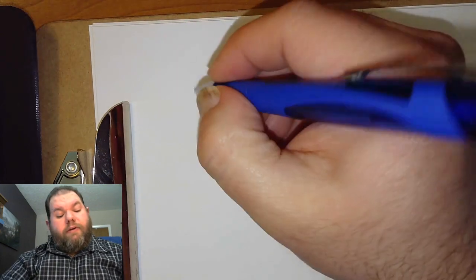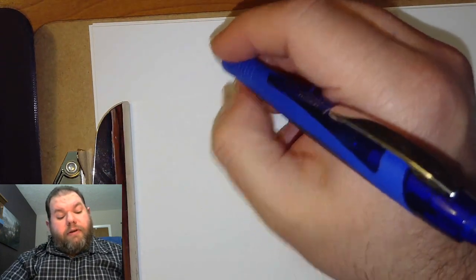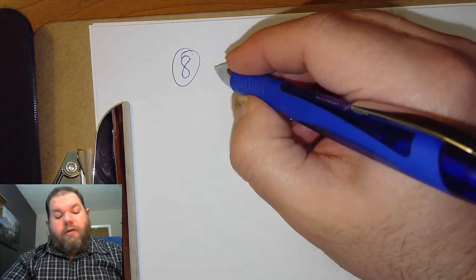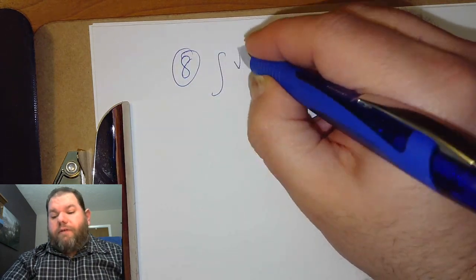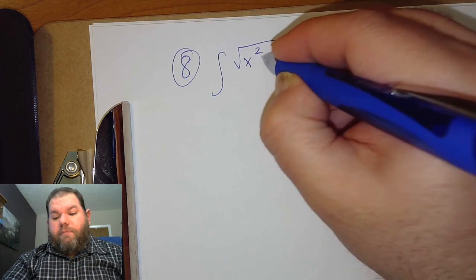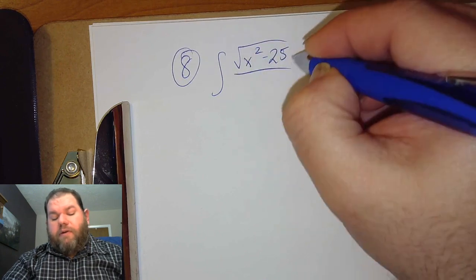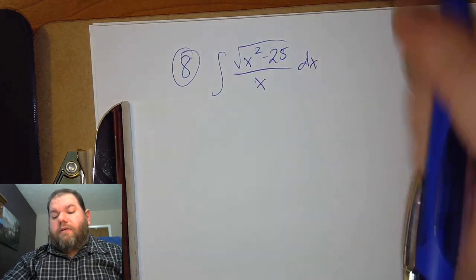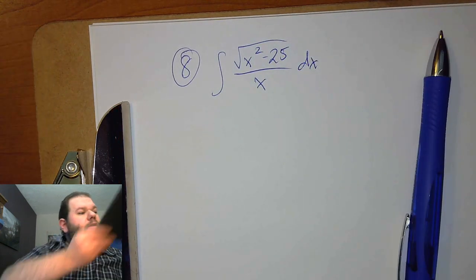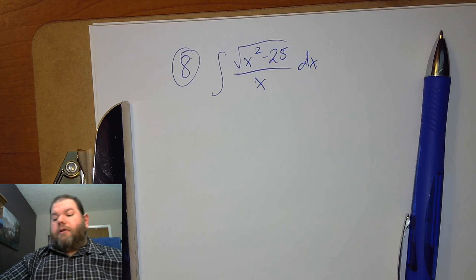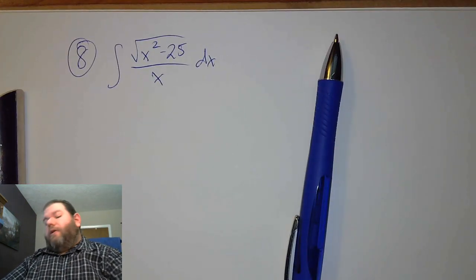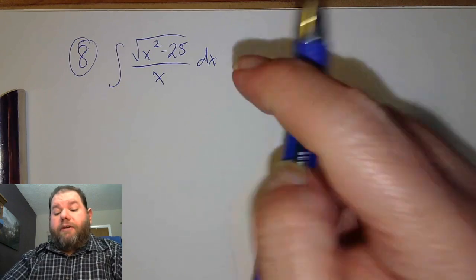So next, let's look at 8, which is the integral of the square root of x squared minus 25, all divided by x. We can see this one's already different than the last one.